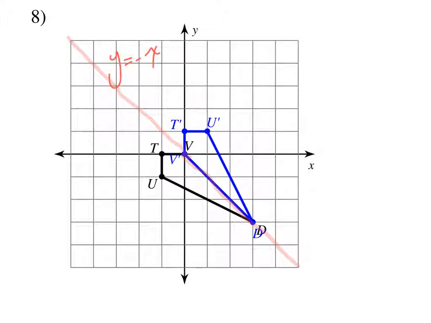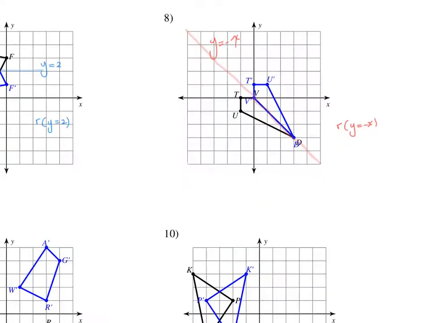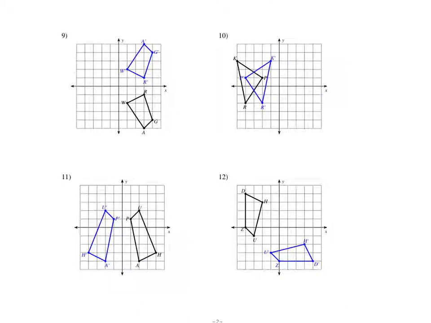So the rule is going to be r y equals negative x. And you see how W prime and W seem to be symmetrical with respect to this line. T prime and T the same way. D, they coincide on the same line, which makes sense. Now go ahead and try 9, 10, 11, and 12 on your own.